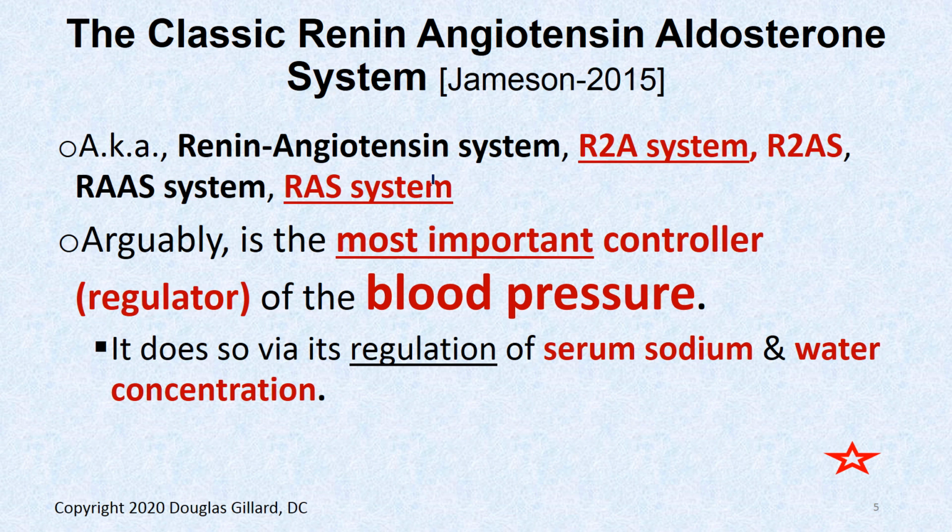This is arguably the most important controller and regulator of blood pressure based on aldosterone and ADH mainly. There's other important functions with this as well, but it has a lot of function. But one of its major functions is to control sodium balance, sodium homeostasis in the body, and therefore that helps control blood pressure as well.